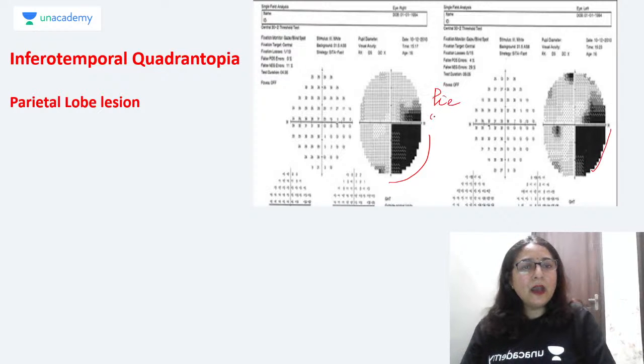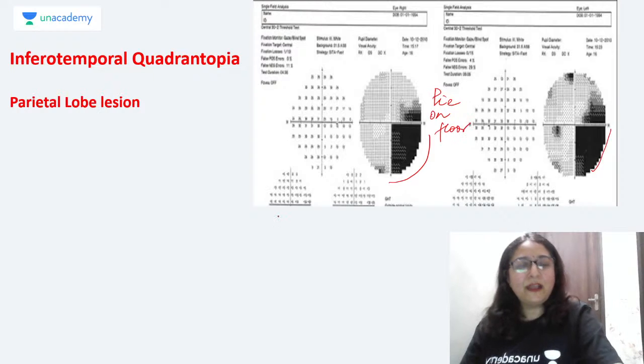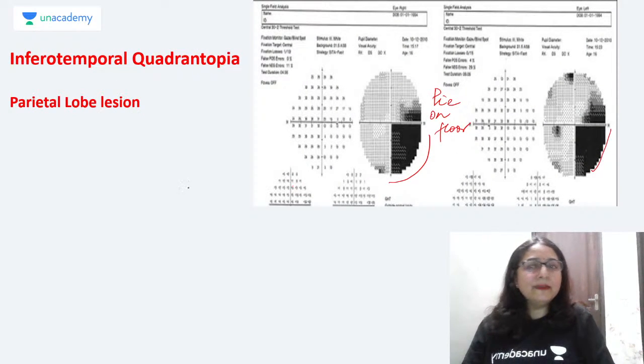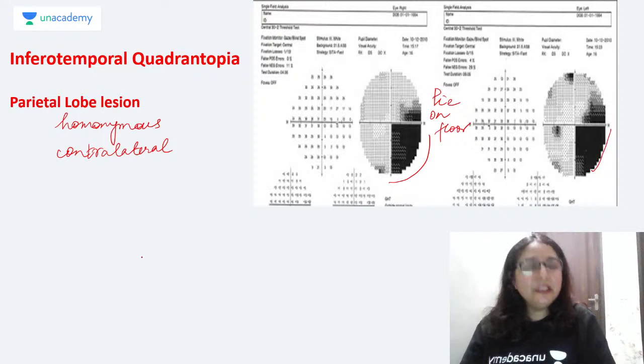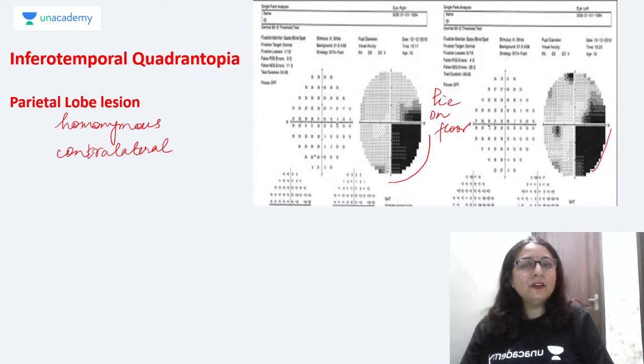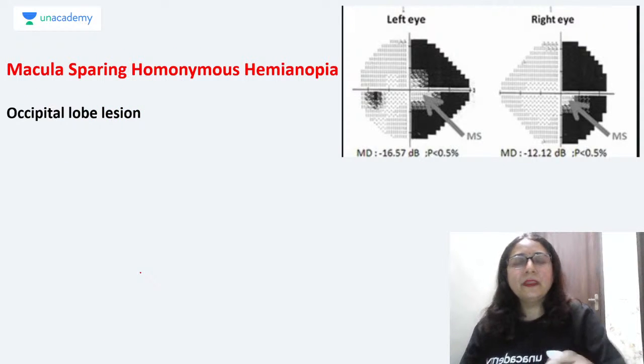Now again, please concentrate, both pie in the sky and pie on the floor are homonymous defects, on the same side of the visual space. They will be contralateral to the side of the lesion. So pie on the floor is seen in cases of parietal lobe lesions.